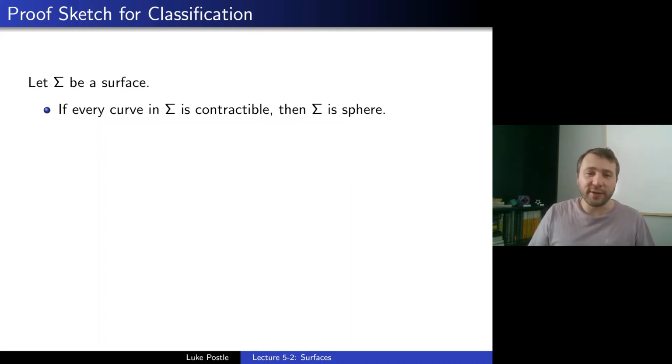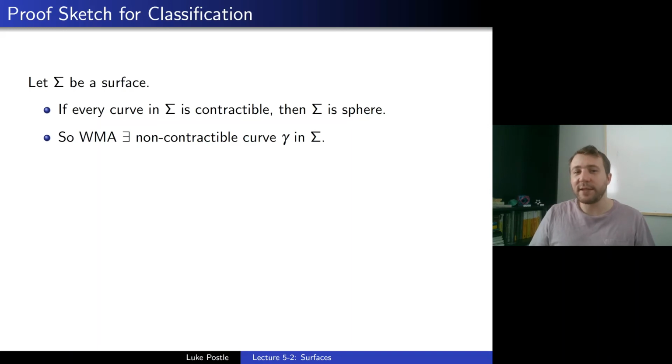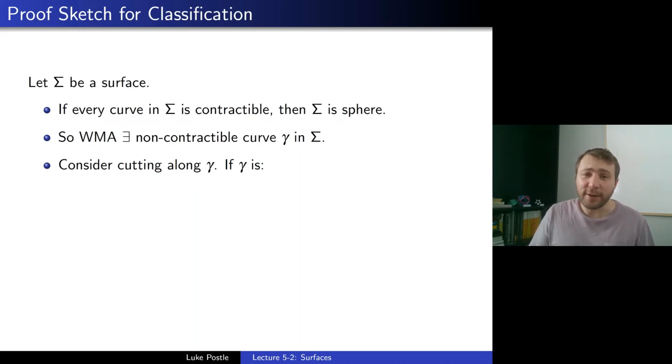I won't go through how to do that, but let's just say we did. So we may assume there exists a non-contractible curve gamma in sigma. And now you classify by what type this gamma is. We consider always cutting along gamma, this closed curve. Again, these should always be closed curves.